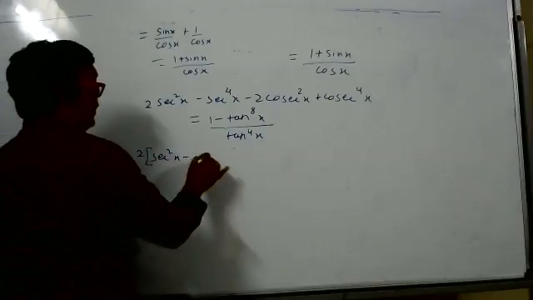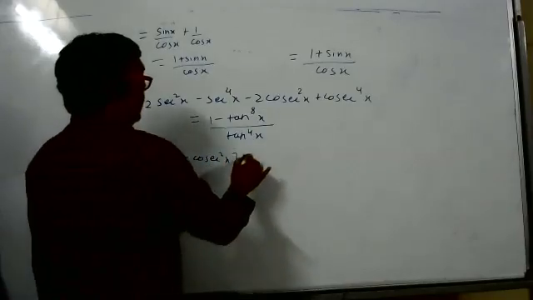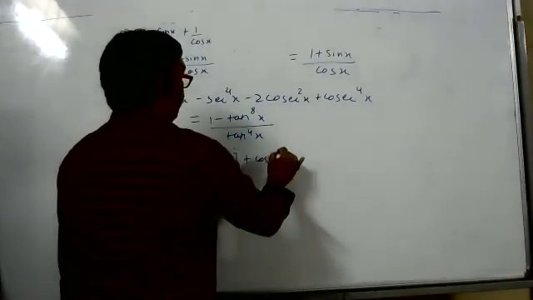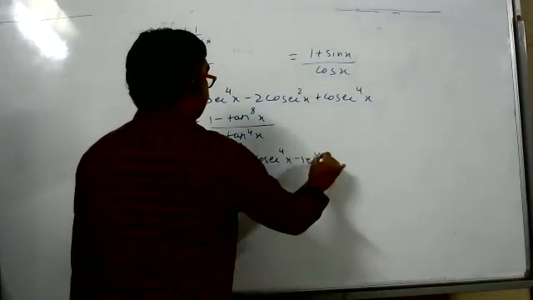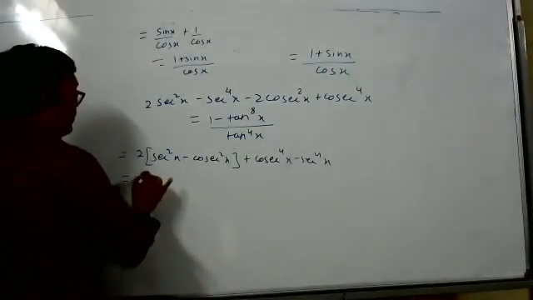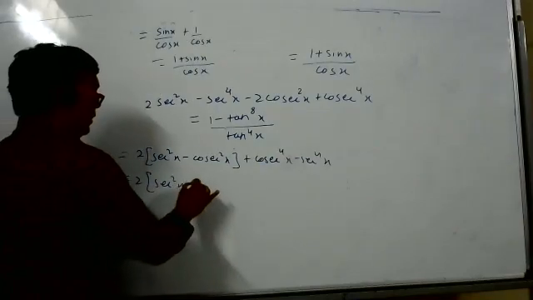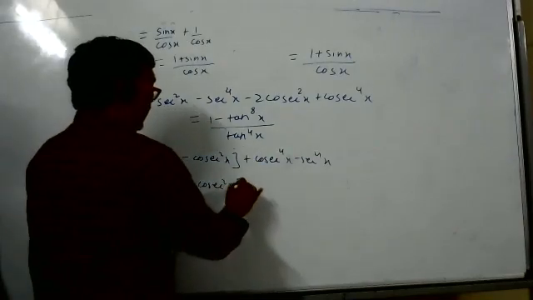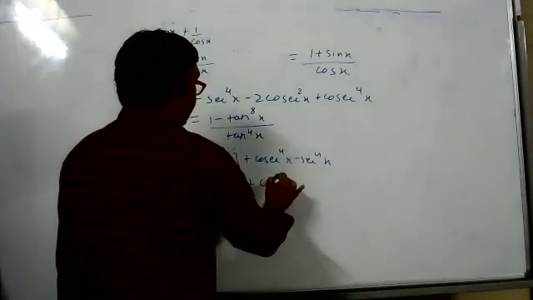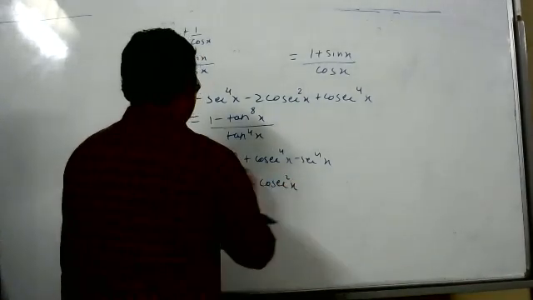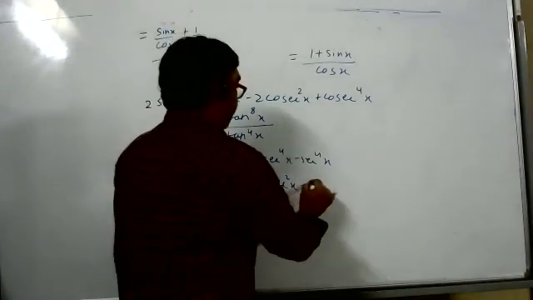You'll get stuck mostly. 2 secant square x minus cosecant square x, and here cosecant 4x minus secant 4x. I also don't know, student. I will try. Try only we can do now. Here cosecant square x, but here secant is there, minus secant square x.